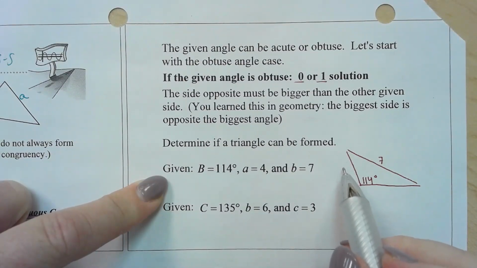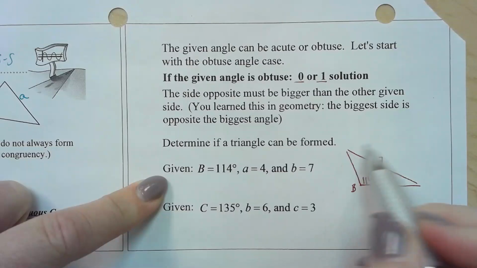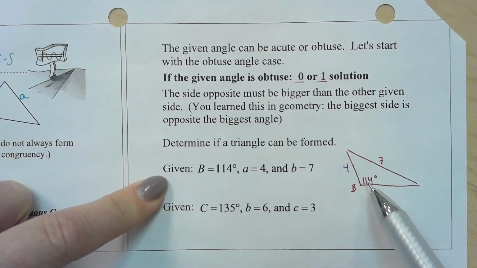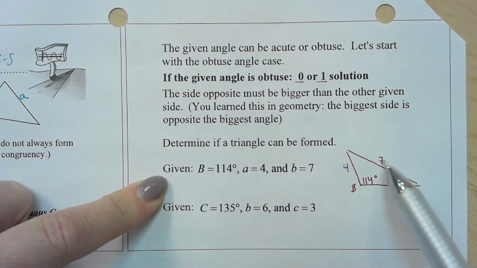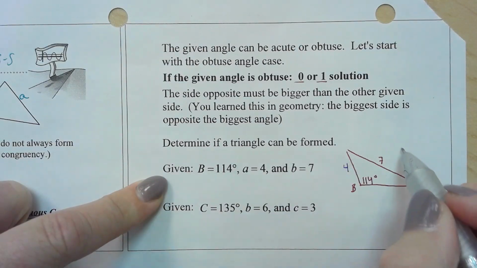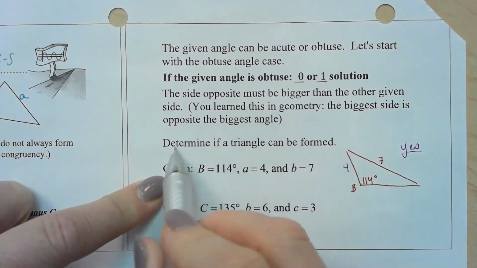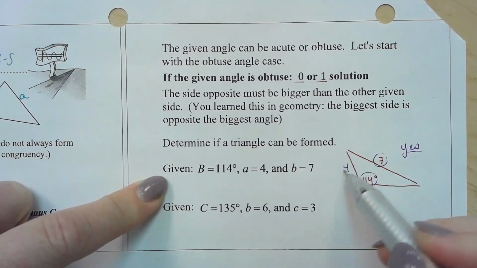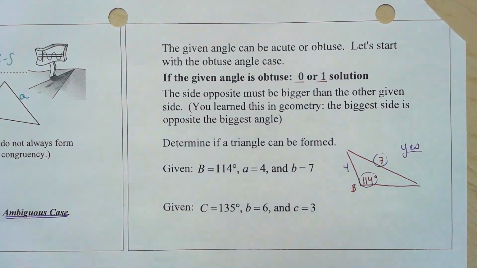I typically put it here. I go around and say angle, side. Geometrically, remember, the biggest side is across from the biggest angle. So of the two sides I have, the bigger side is across from that angle. So the answer is yes, a triangle can be formed, because the bigger of the two sides is across from the biggest angle.